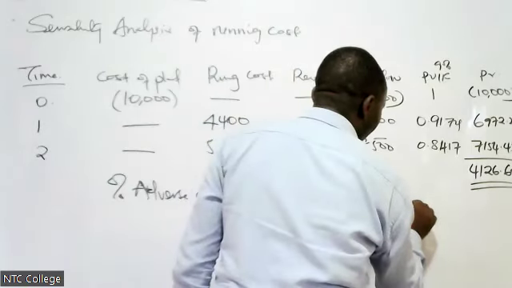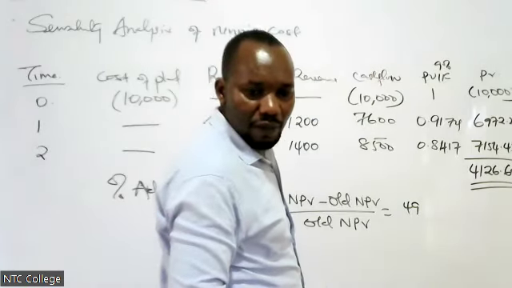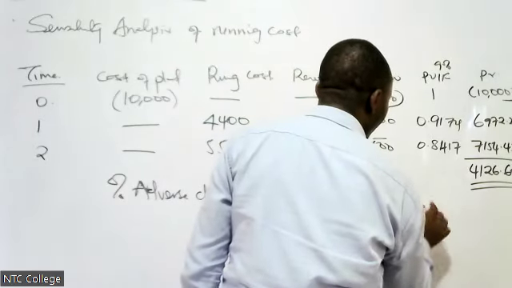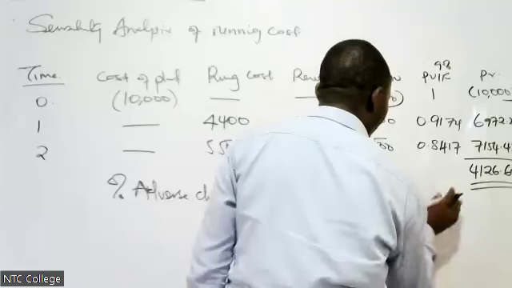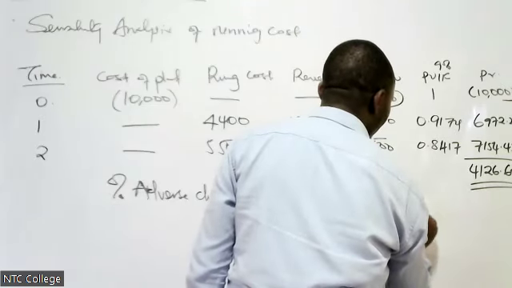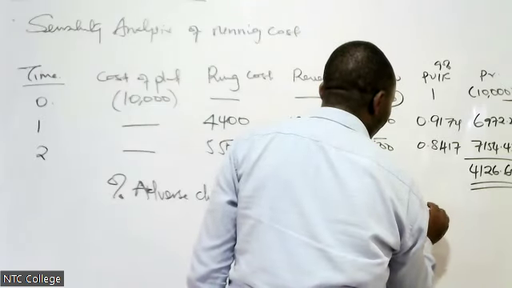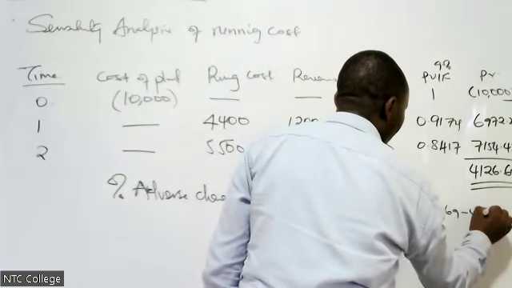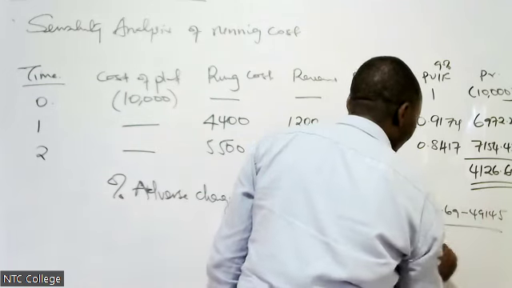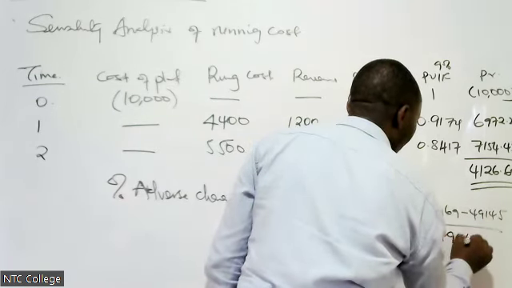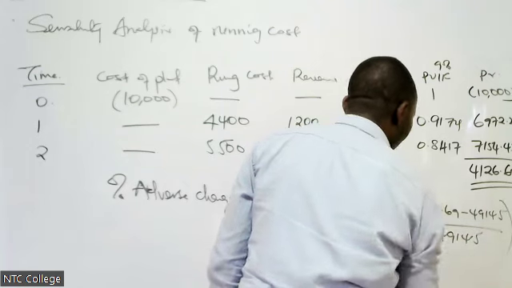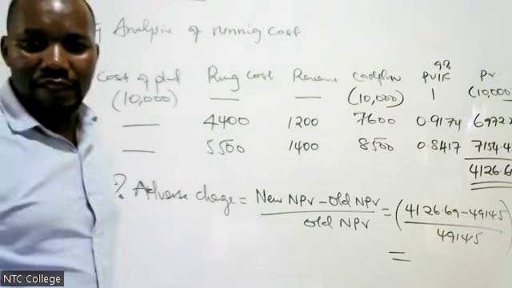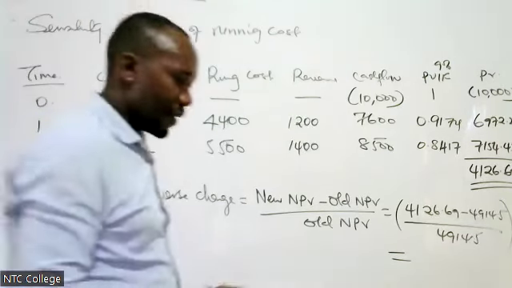So we have 49. The other one was 49, 14.5. You're getting 16.03.